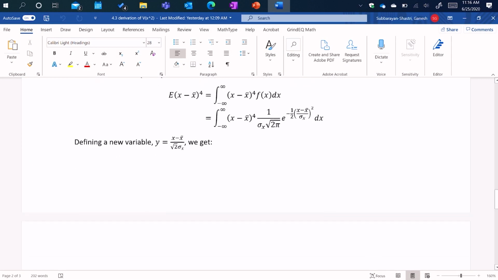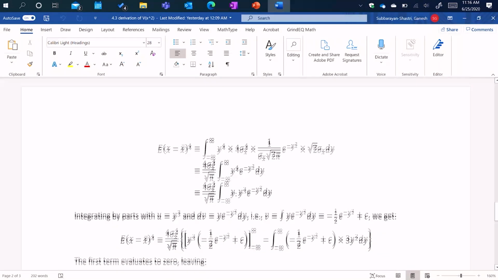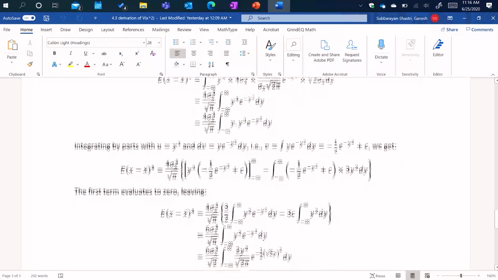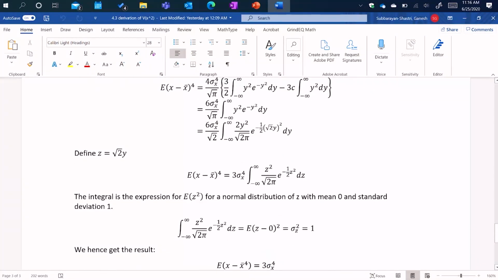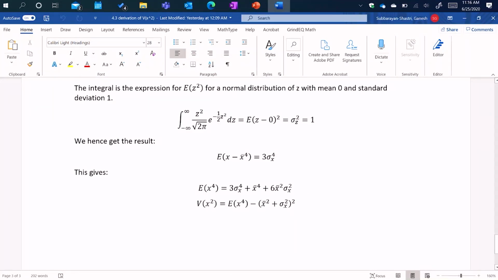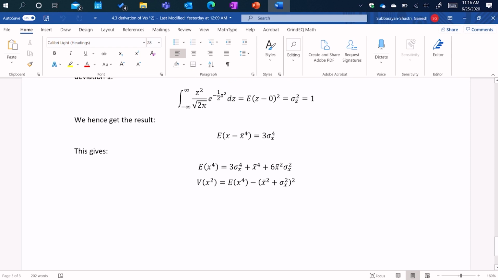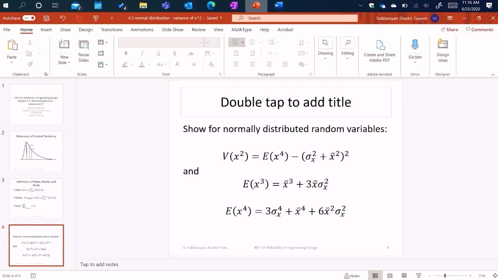This is quite involved. I'll give this as a handout. And when you integrate, finally, you can derive the expected value of x to the power 4. And once you know expected value of x to the power 4, you can estimate the variance of x squared. And those are the formulae that are given in the slide here.